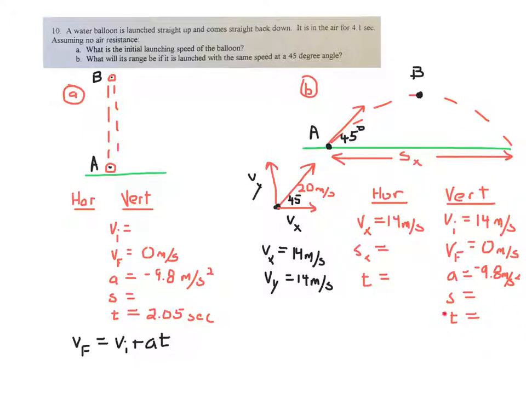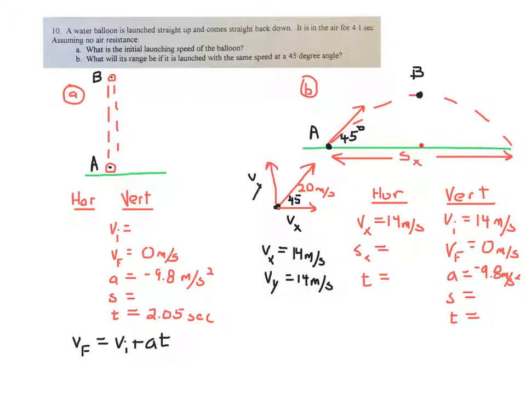Once you have the time it takes to get to point B, you have to double that and put it over here, because that's halfway through the motion of this projectile. From point A all the way over to here takes twice as long as it does to get from point A halfway across the field of motion.